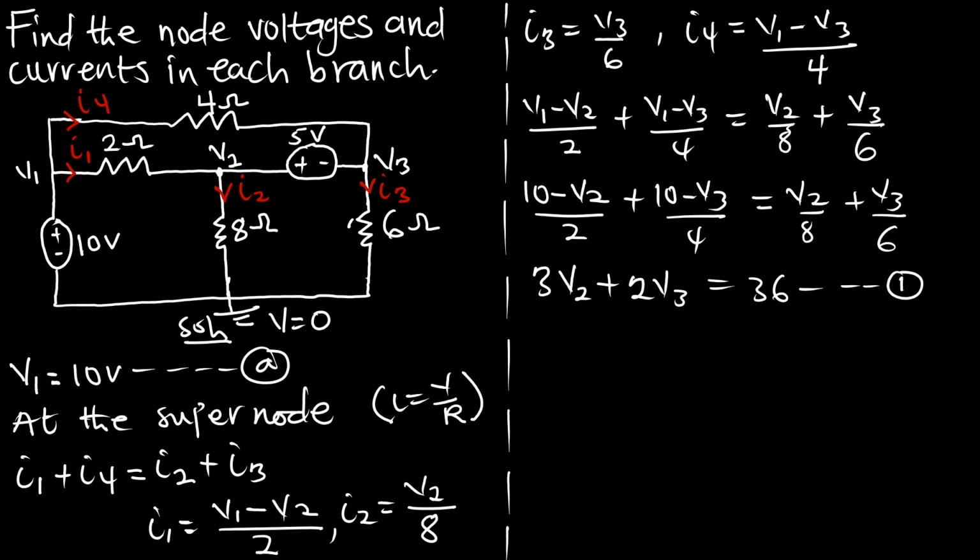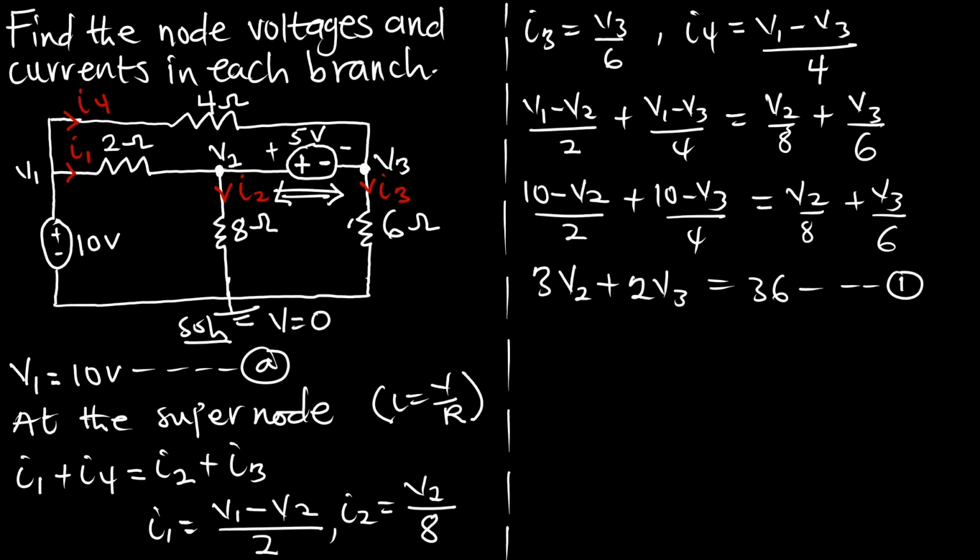So we have V2 and V3, and we need two equations to solve for the unknowns. Now, the second equation, we are going to get from this branch, the branch which is V2 and V3. The voltage between these two nodes is measured to be 5 volts. Do you see that? And when you check the sign on the voltmeter, you can see that this part is positive, this part is negative.